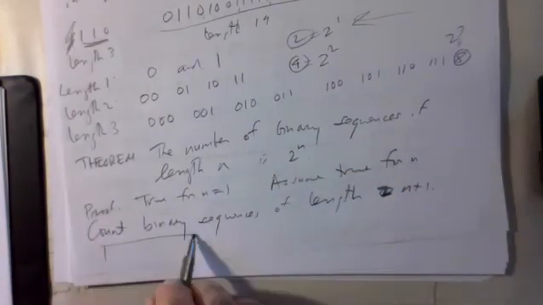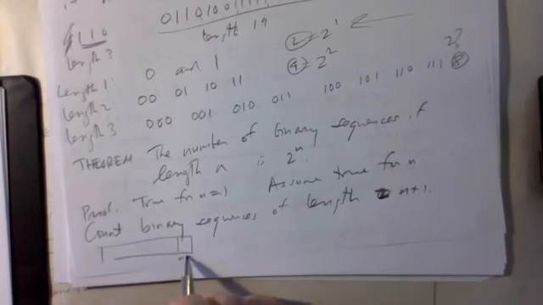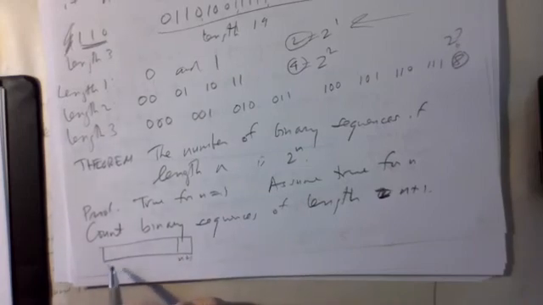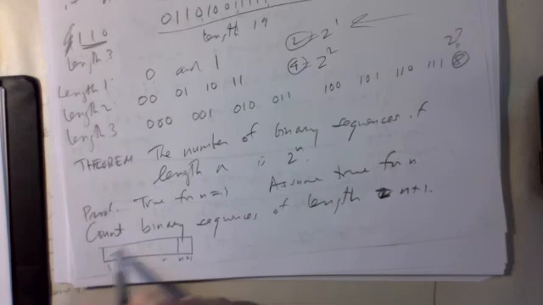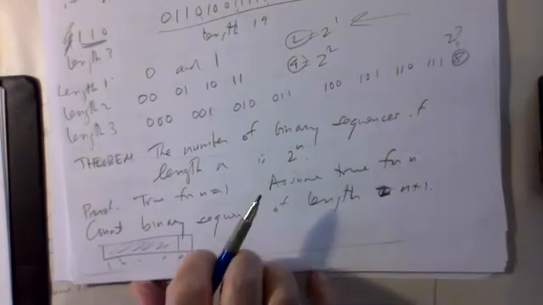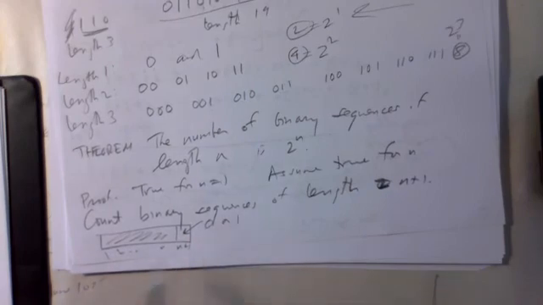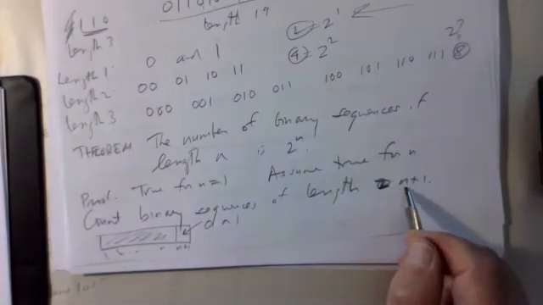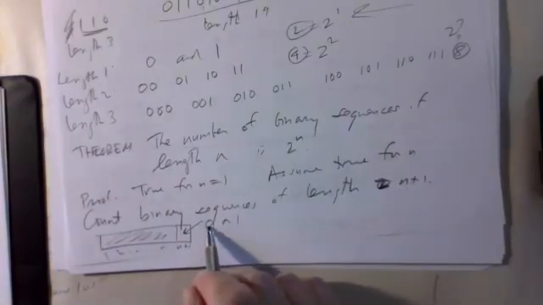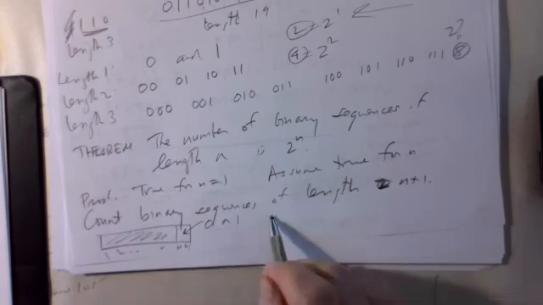But every binary sequence of length n plus 1 starts with a binary sequence of length n and then adds a digit, 0 or 1. So the number of binary sequences of length n plus 1 that end in a 0 is 2 to the n.